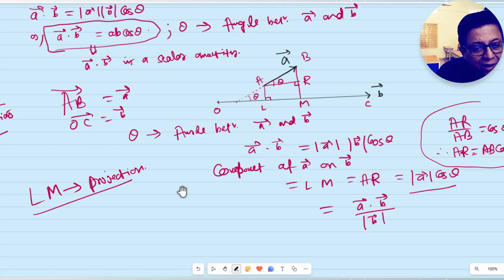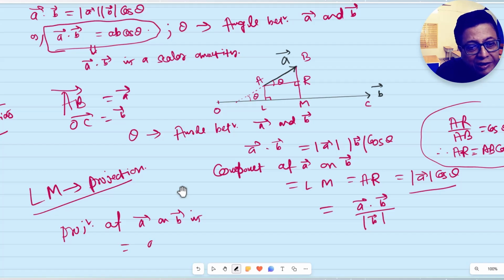Therefore, we can write that projection of A on B is equal to A dot B divided by mod B.